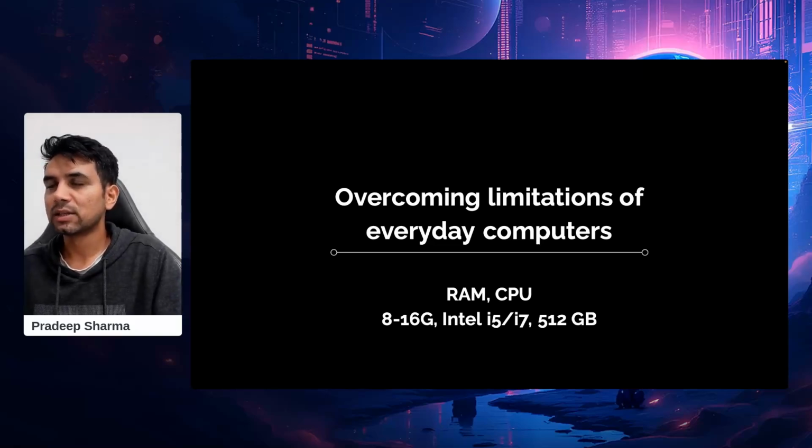So I run this community called Invite, and I ran a survey there, and I learned that most of the people, around 70%, use this configuration: Intel i5 or i7, and between 8 to 16 gigabytes of RAM. So this is the configuration that I wanted to build this app for, so that it works without the person noticing any glitches or performance issues.